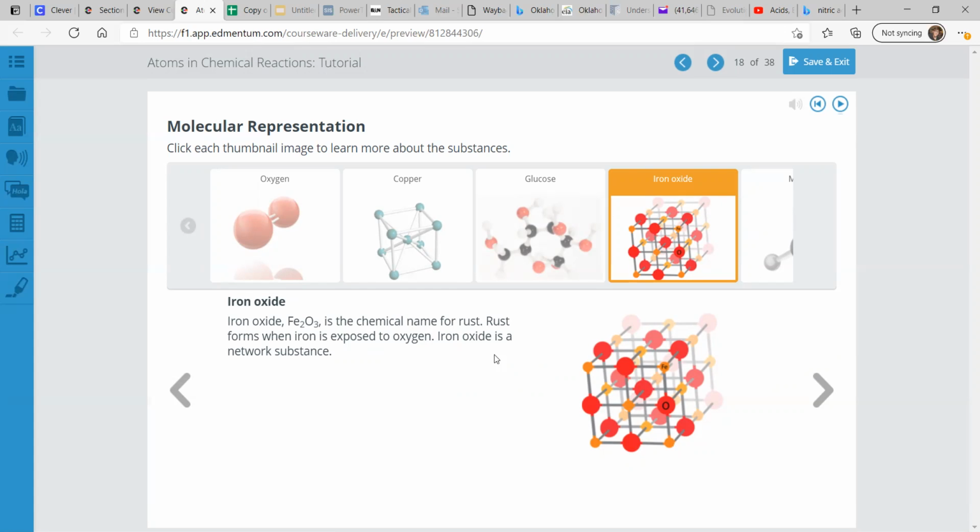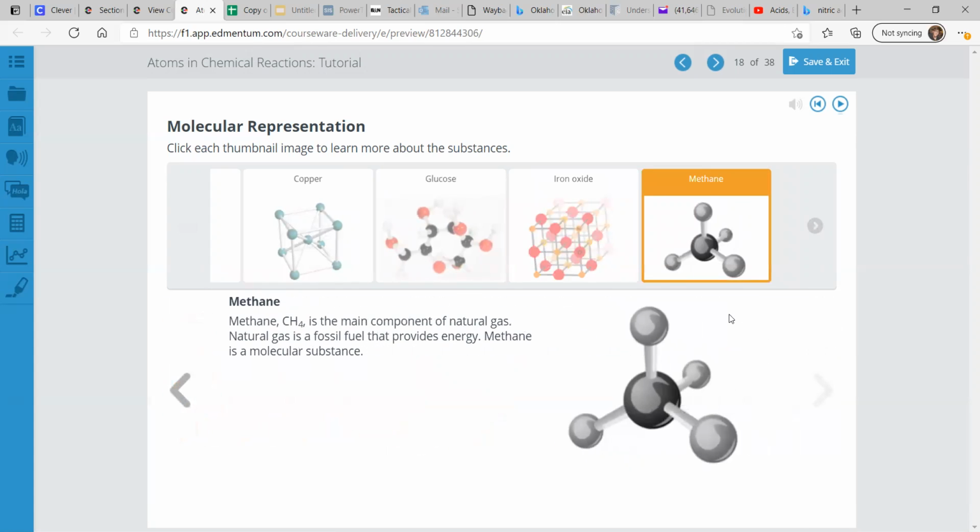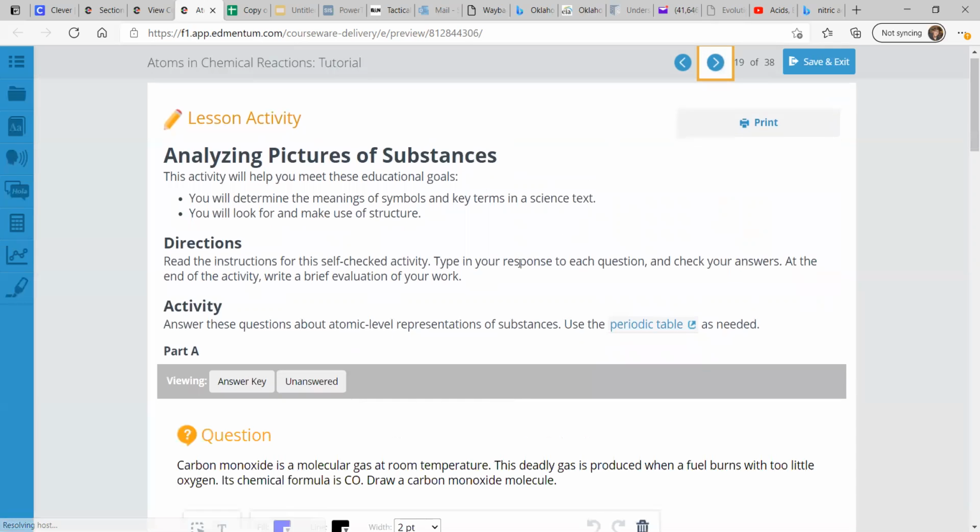So naturally we have iron and oxygen. Iron oxide is a network substance, so it looks more structured. Then you have methane. That is the main component of natural gas. Natural gas is a fossil fuel that provides energy. Methane is a molecular substance, so not as structured as some of the other ones.